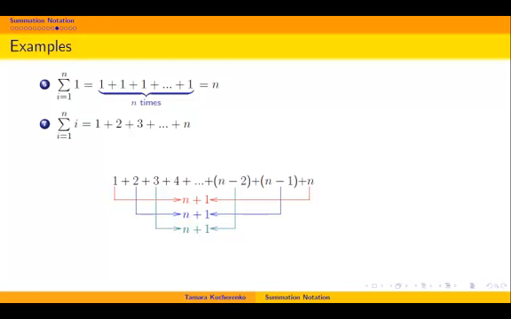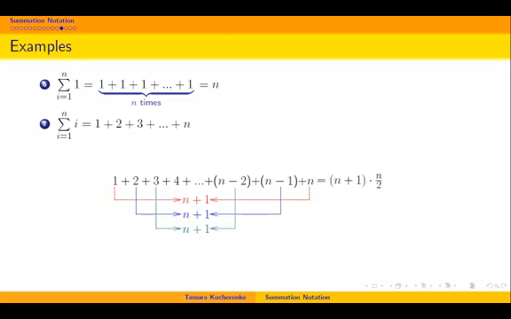We have n over 2 pairs, each of which has sum n plus 1. Therefore, the answer is n over 2 times n plus 1.